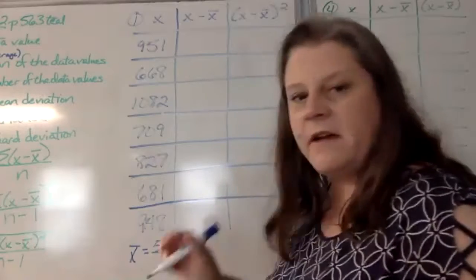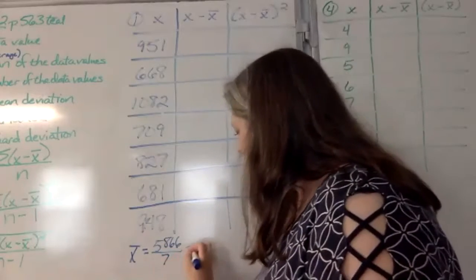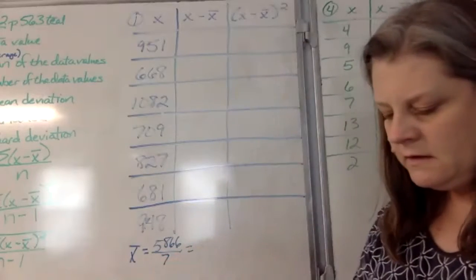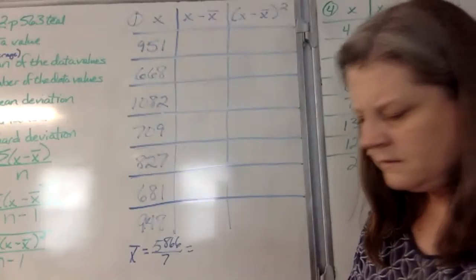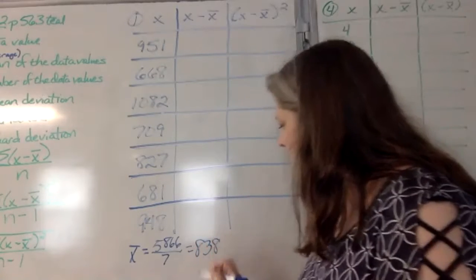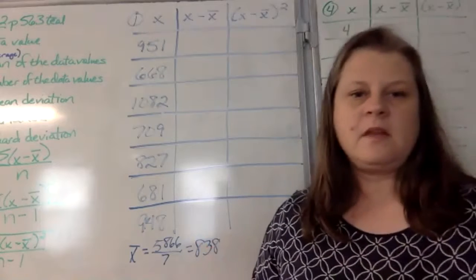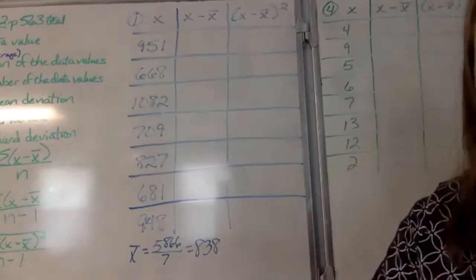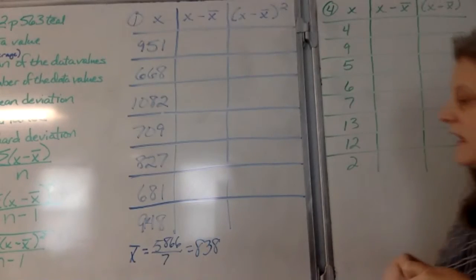And then I'm going to divide that sum by 7. So when I worked it out and I got my mean, I got 838.